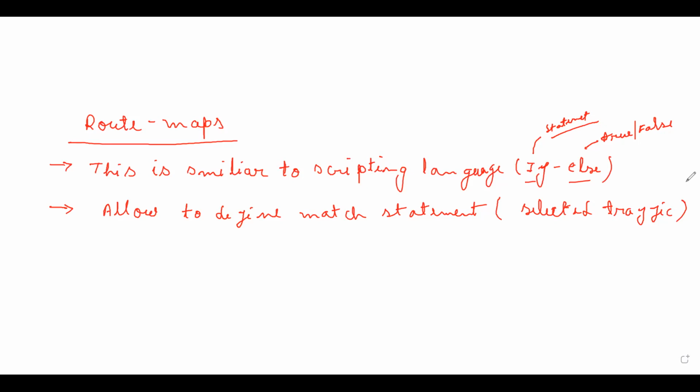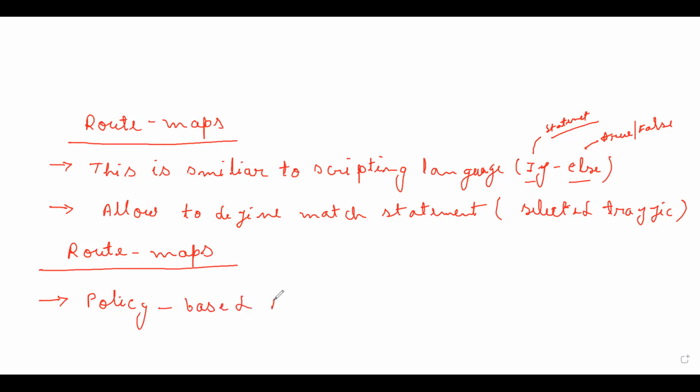Okay, route map. In route maps we have three types. Three types we can control our traffic. Policy based routing: in policy based routing we use route map.